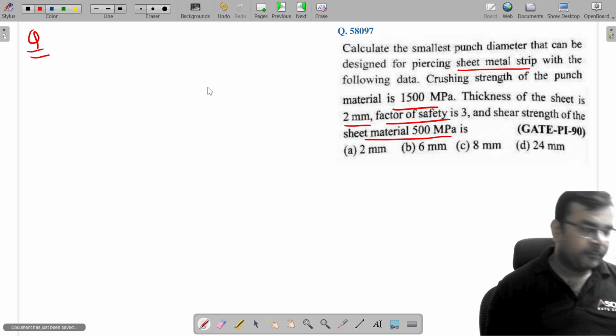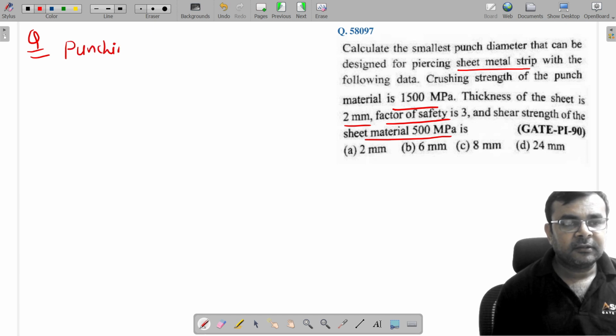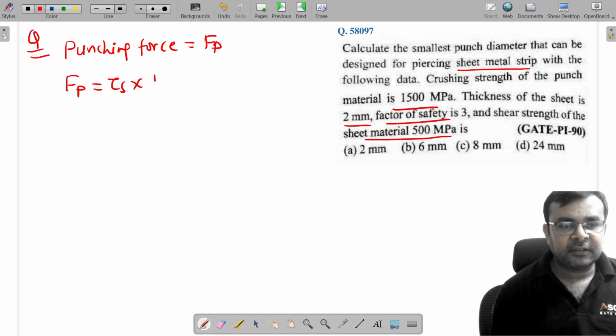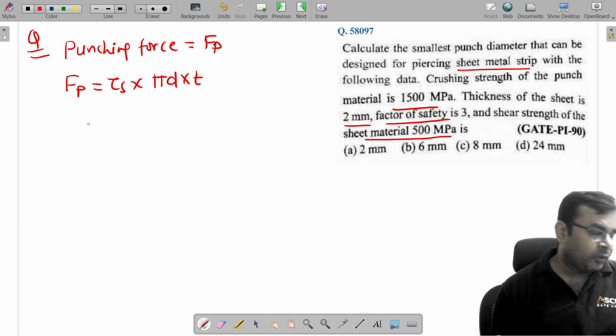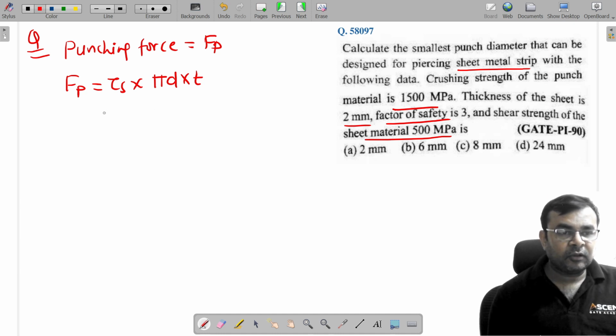So you can see here, if I calculate the punching force required first, that is FP. So FP is nothing but yield shear strength into pi d into thickness. Yes or no? And the crushing strength is already given here, and the shear strength is also given here.